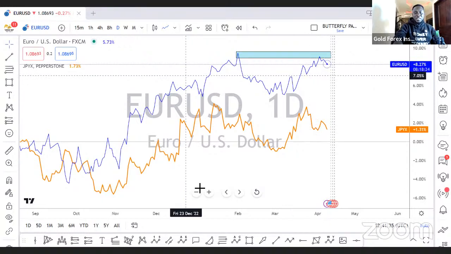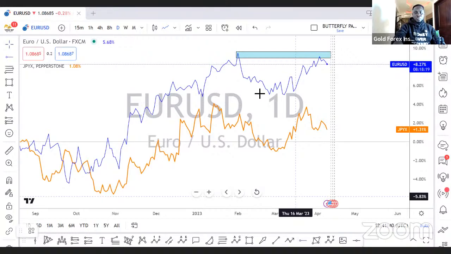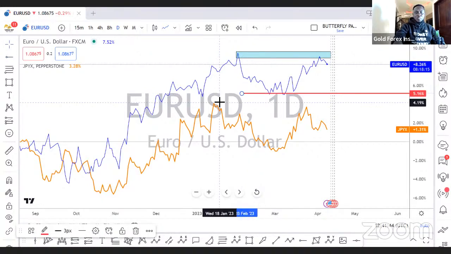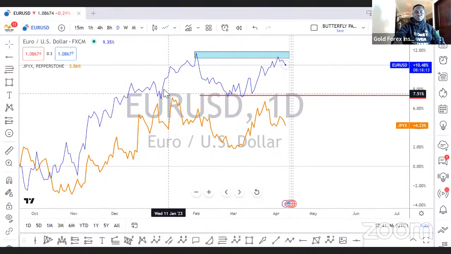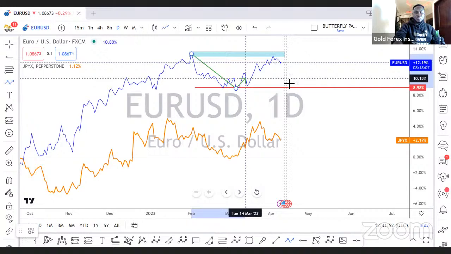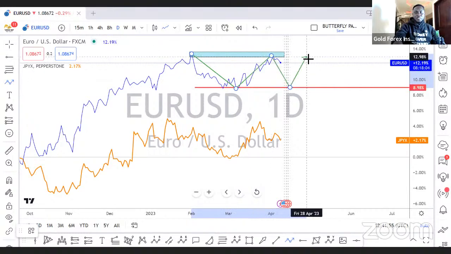What I'm expecting currently is Euro USD to continue selling to at least this zone. So we should see maybe a consolidation within this zone before any action.